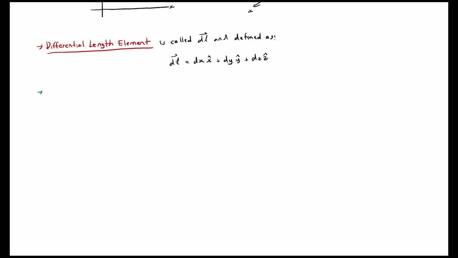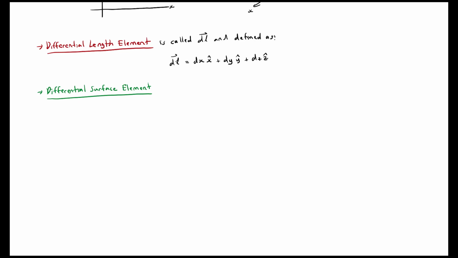You also have differential surface elements. So we already have differential elements dx, dy, dz. A differential surface element is when we multiply two of them together. So if we did do that, we would essentially get a differential area element, right?